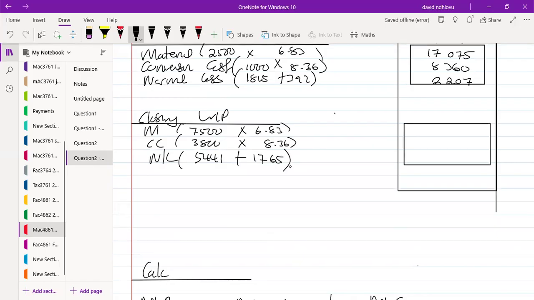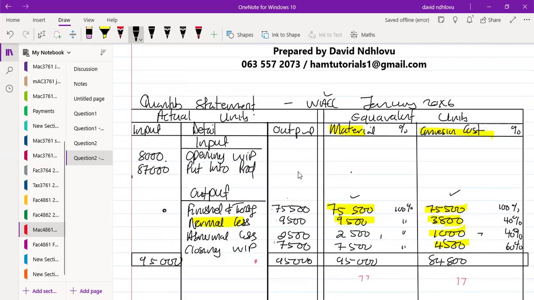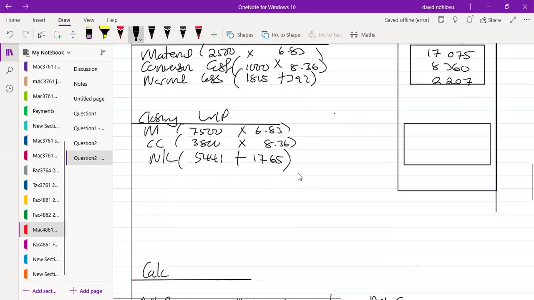So this is what we have. Let's verify the figures. That's in terms of abnormal loss. For closing, it's actually 4,500 and 7,500, so here I've got to correct. This will be 4,500.